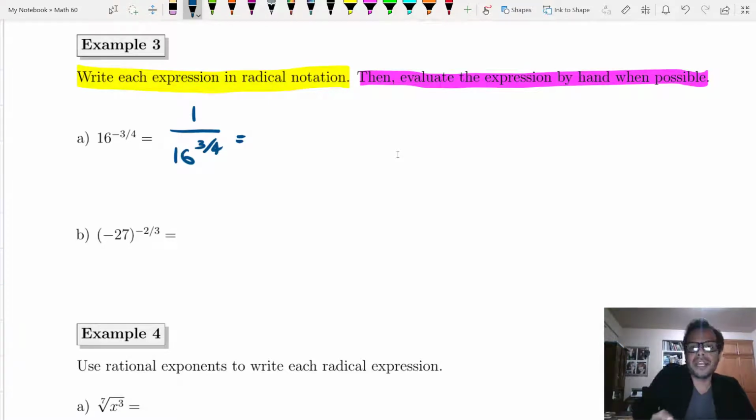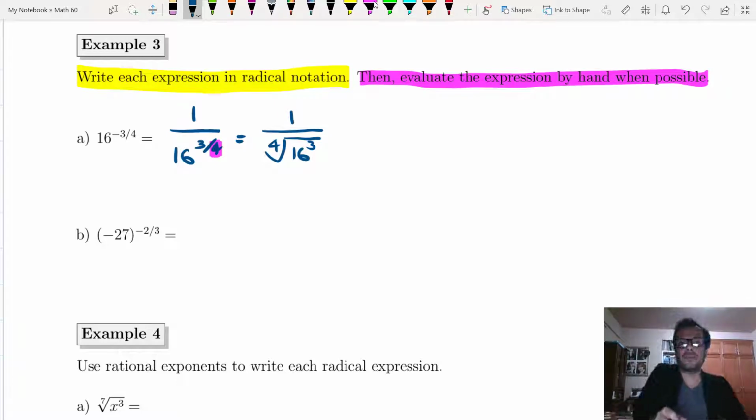We are going to identify the denominator of the rational exponent first, and that's going to tell us what the index of the radical will be. So in this case, we are going to have the fourth root of 16 to the third power, all under 1.